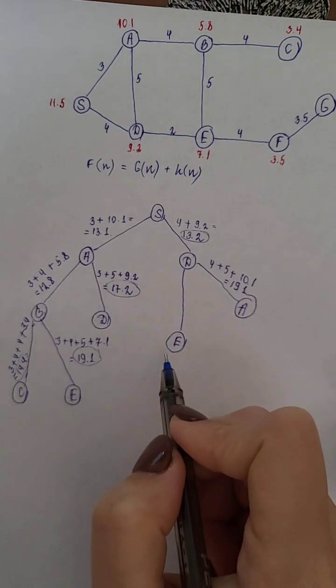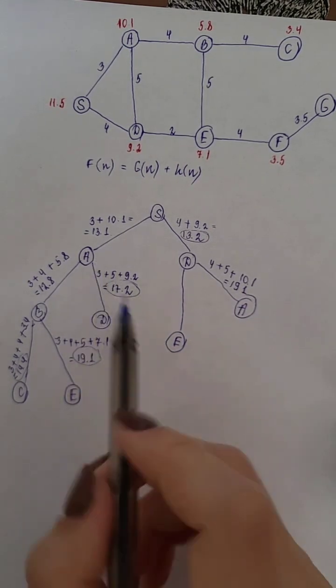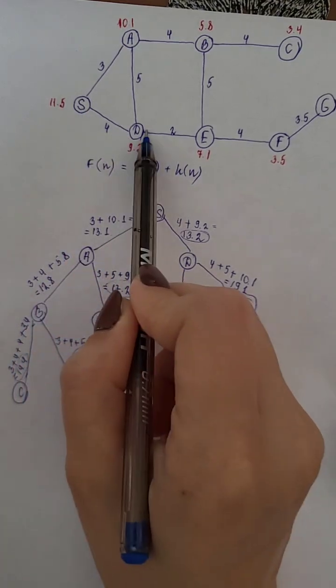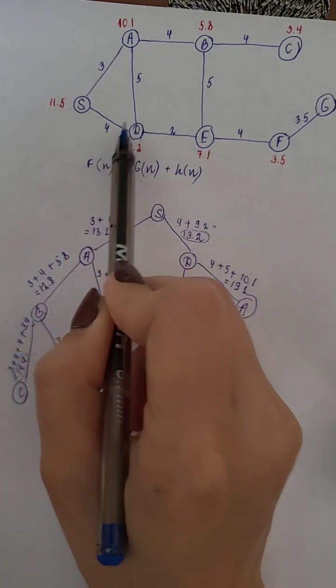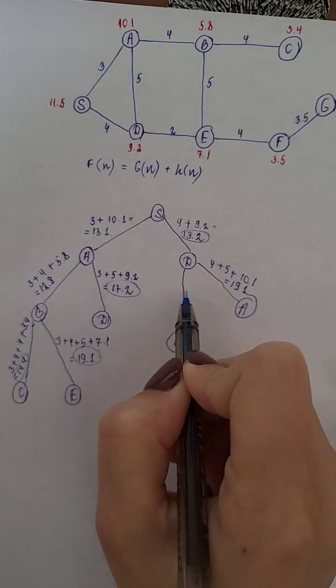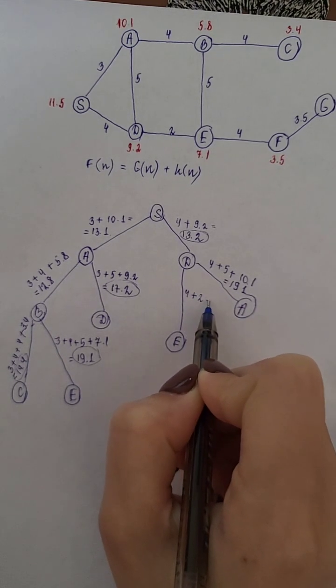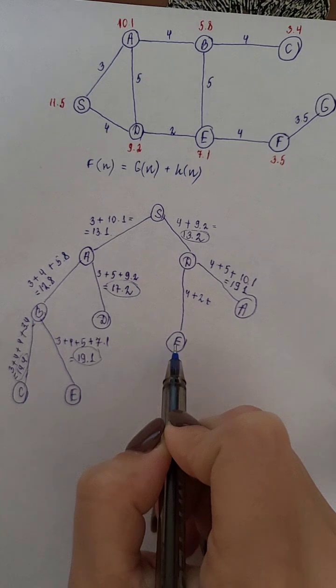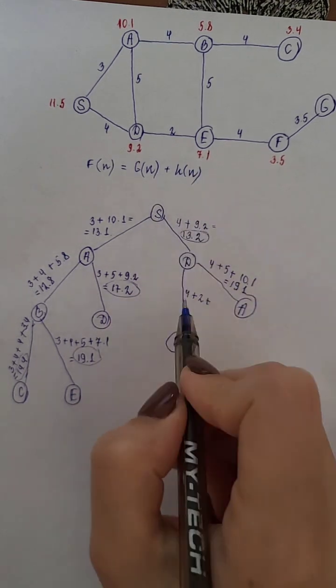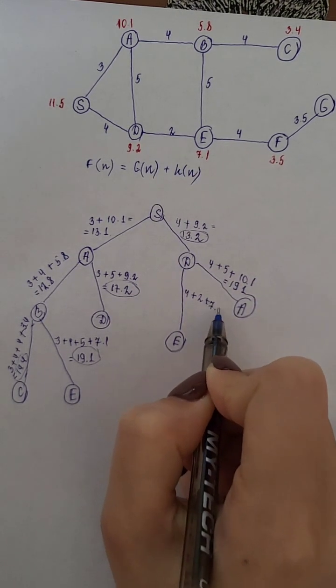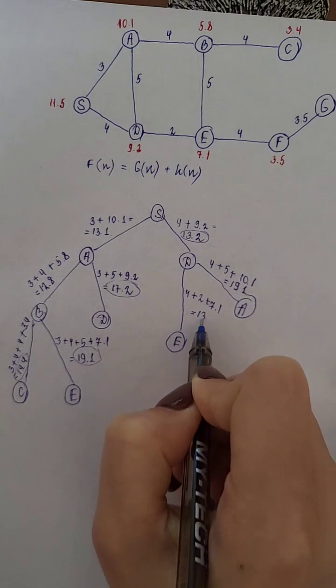And let's look at E. From S to E. 4 plus 2 plus, what's the heuristic value of E? 7.1, which gives us 13.1.